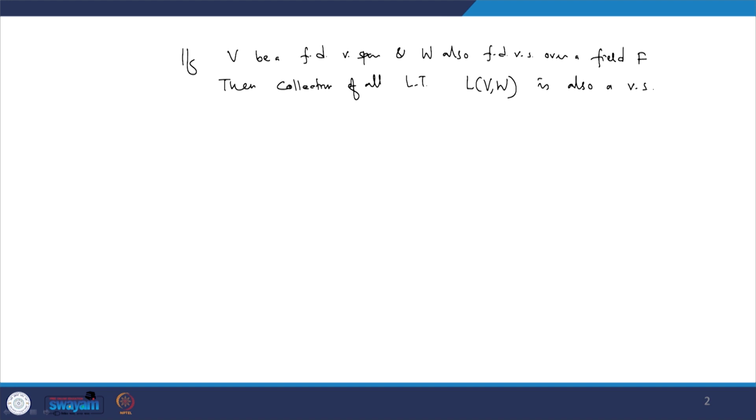And we have seen if the dimension of V is n and the dimension of W is m, then the dimension of L(V,W) is mn.